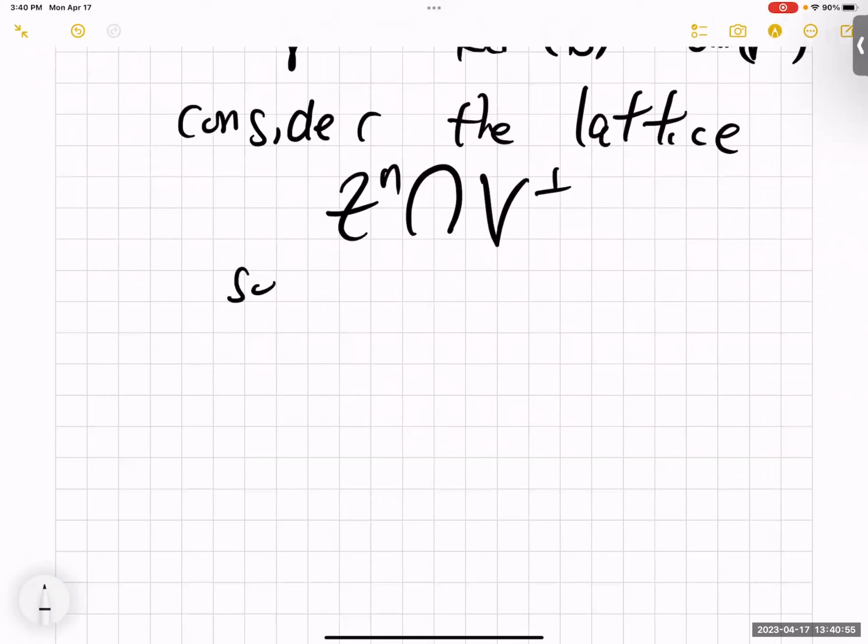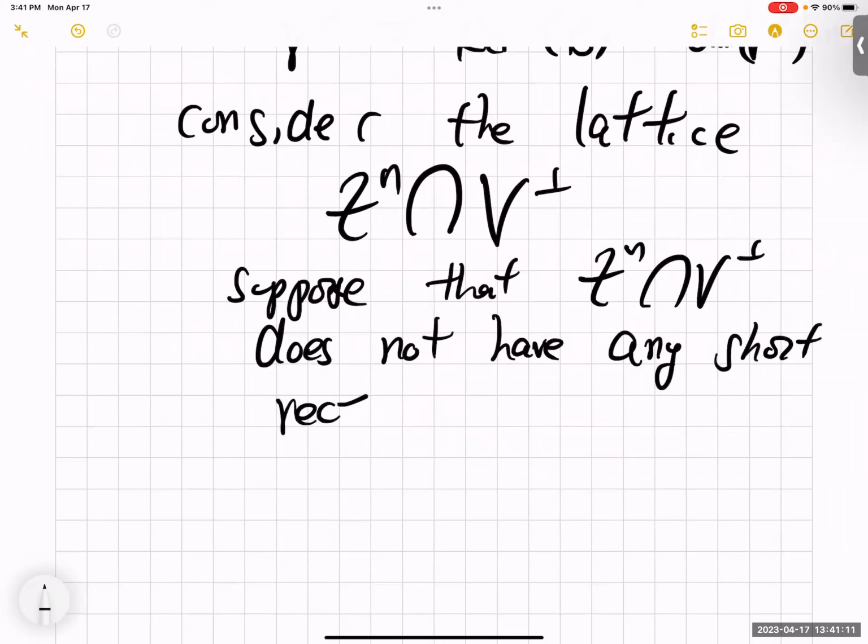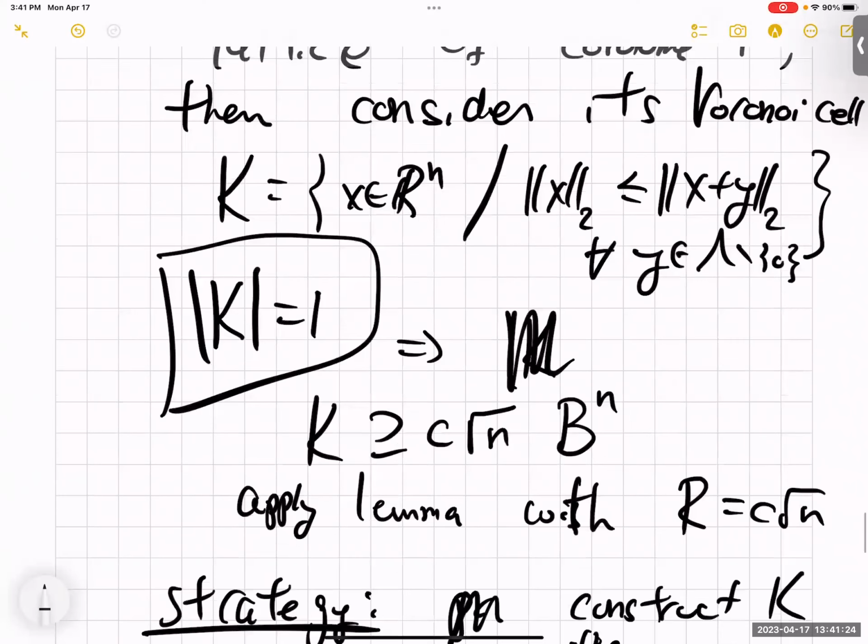So suppose that Z^n intersected with V perp does not have any short non-zero vectors. Okay, so within the subspace V perp, I have some lattice, and it satisfies the assumption of the lemma.